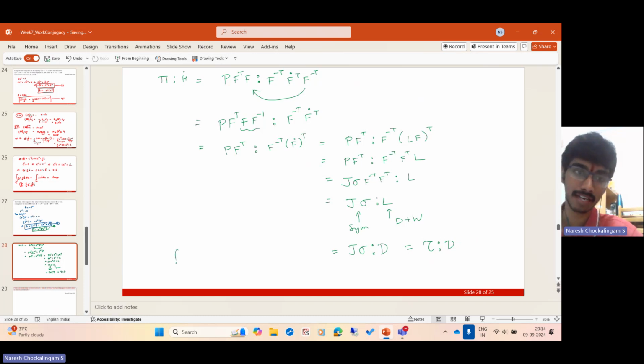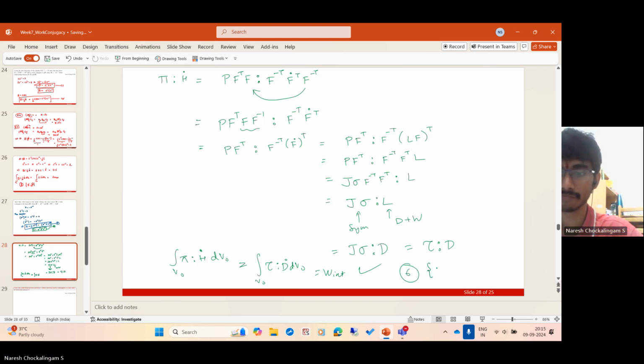Therefore, integral pi H dot dV naught is equal to integral tau D dot dV naught, which is the internal virtual work done. So therefore, we have a final sixth work conjugate pair, which is pi and H dot. These two are work conjugate to each other.